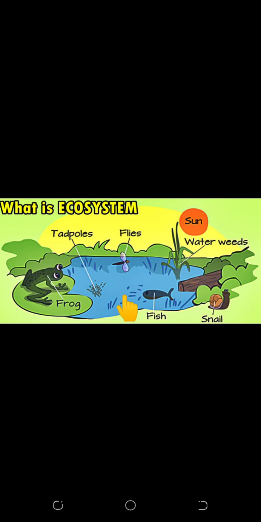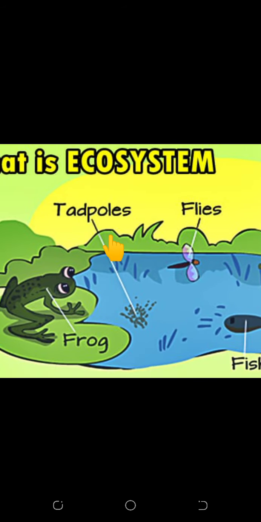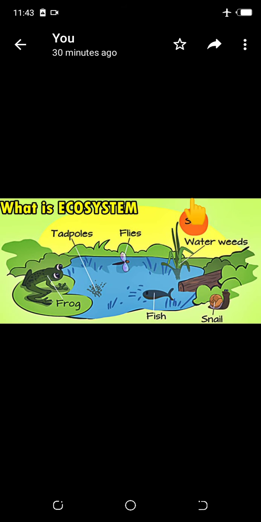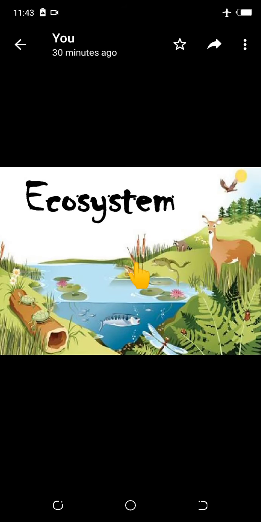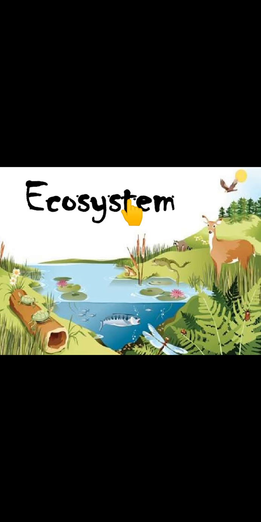This relation between the living organisms as well as between organisms and their surroundings forms an ecosystem. There could be an ecosystem of a large rainforest, grassland, desert, mountain, lake, river, ocean, and even a small pond.